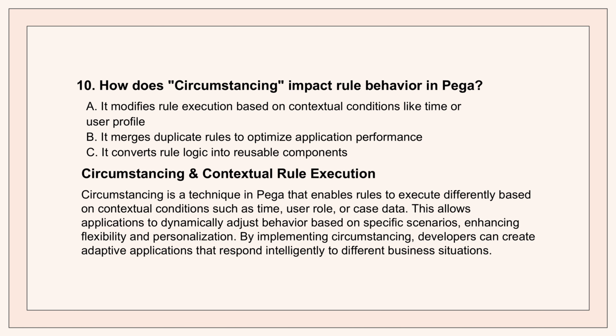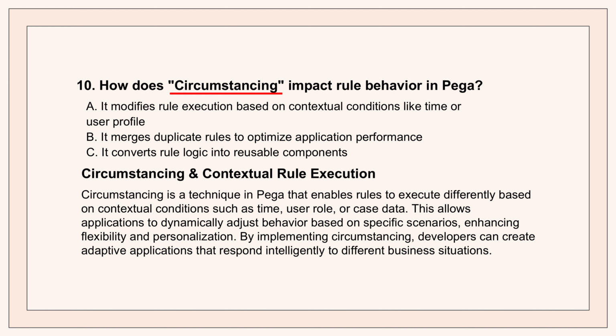And finally, question 10. This one asks how circumstancing allows those Pega rules to adapt to different situations. Circumstancing, one of my favorite Pega features. Okay, I'm intrigued. So is it A, by modifying rule execution based on things like time or user profile? B, by merging duplicate rules to speed things up? Or C, by turning rule logic into reusable components?